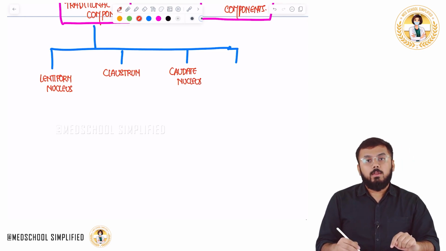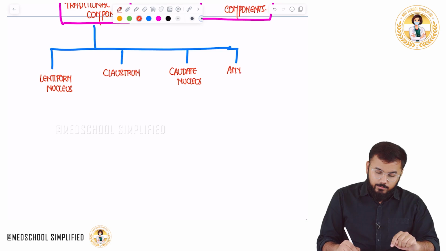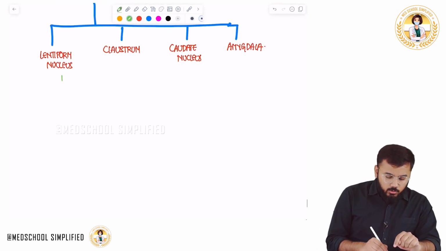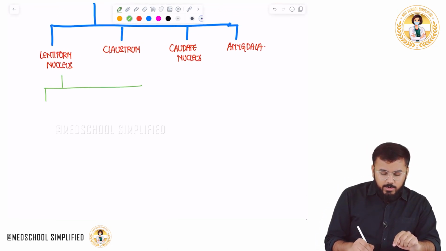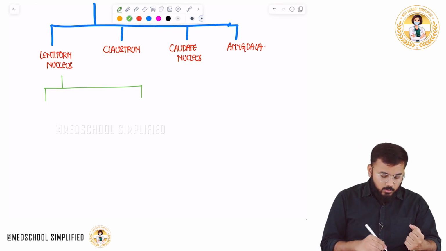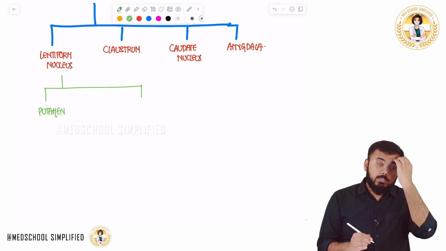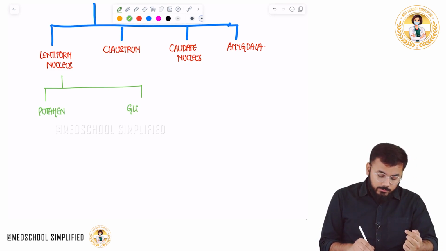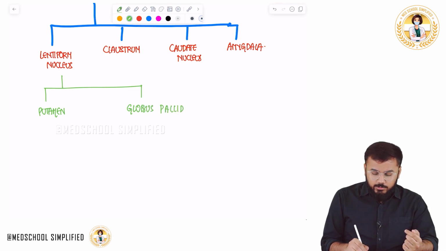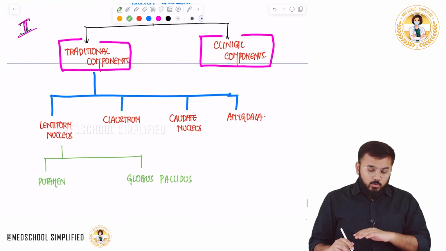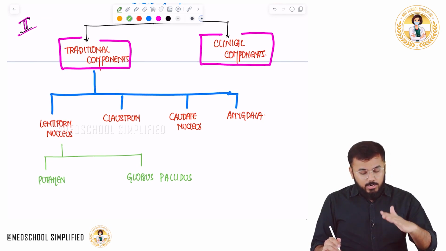And fourth is the amygdala, which is responsible for emotions, right? Now coming to the lentiform nucleus, you already know it is divided into two important structures. The outer structure is called the putamen, and the inner structure is called the globus pallidus. These are the things you already know, right? So this is what is called the traditional components.